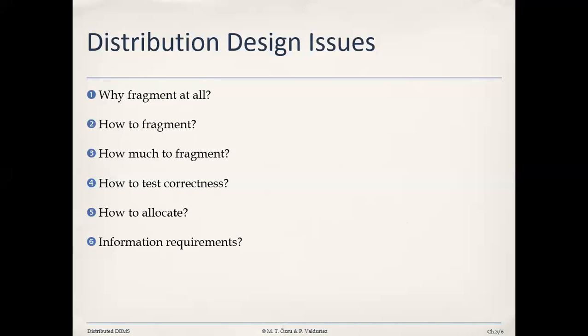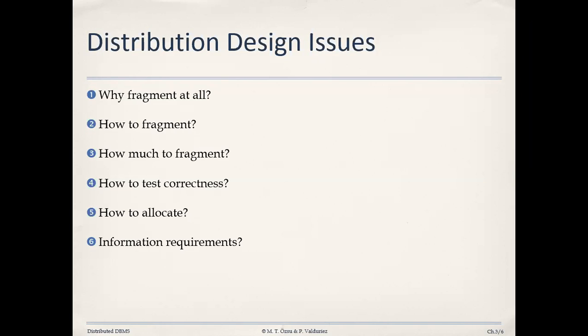If the correctness check fails, it means those fragments were not created according to the given constraints. So you have to recreate the fragments, because if the correctness condition fails, you will not proceed. That is issue number 4: we have to test the correctness of the fragments we have created.